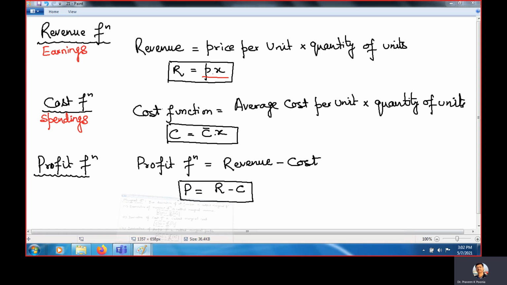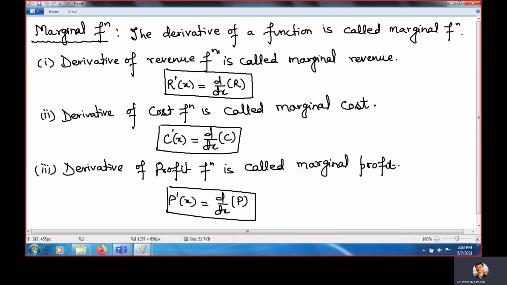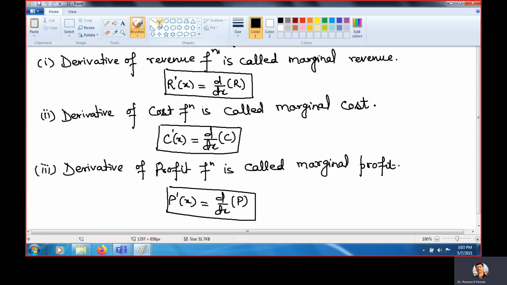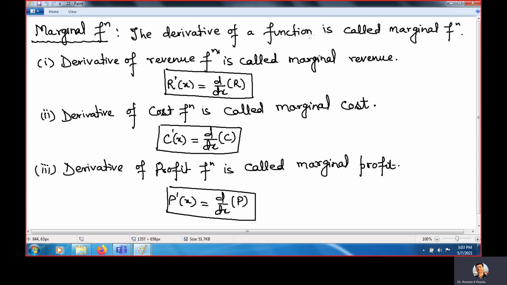Now these are the three important things. What is the marginal function? The marginal function is the derivative of a function. If you find the derivative of the revenue function, cost function, or profit function, then they are marginal. If you find the derivative R dash of the revenue function, it becomes marginal revenue.